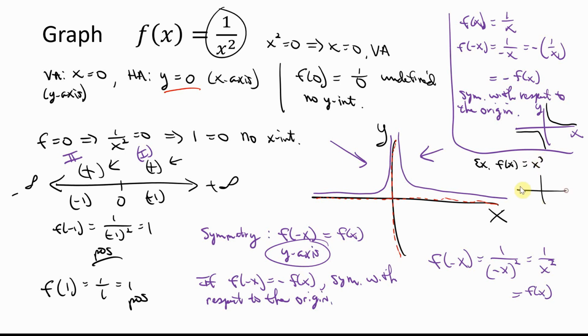Look at how that guy goes. So symmetric with the origin means that the graph is going to be in the first and third quadrant together or second and fourth quadrant together. If it's symmetric with respect to the y-axis, then the graph is going to be in the first and second quadrant or the third and fourth quadrant together.